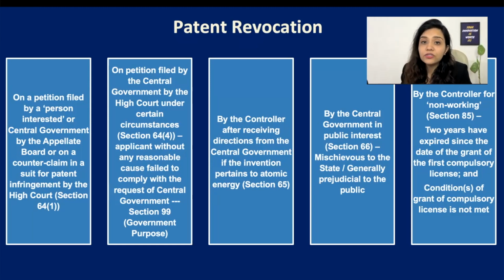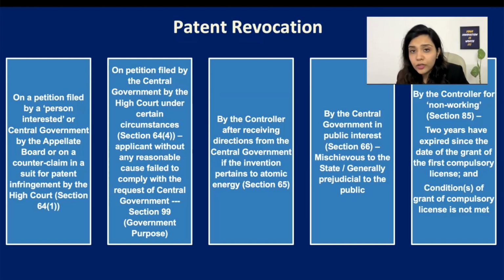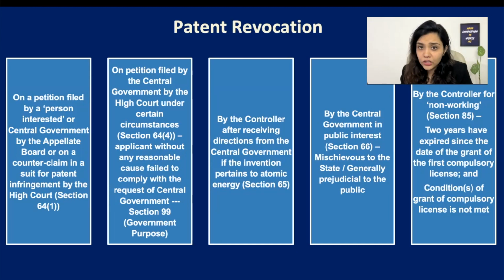For example, one of the conditions is that your patent application is not being worked in India. This could be one of the conditions based on which a compulsory license is granted. So for a period of first 3 years, the patent was not worked in India. That's why the government granted a compulsory license.